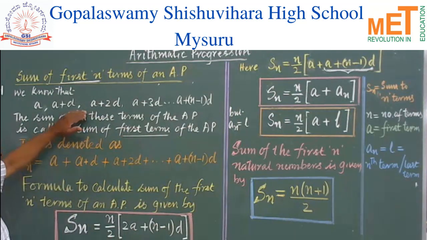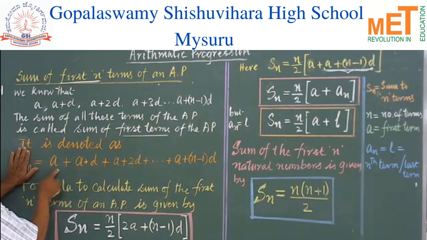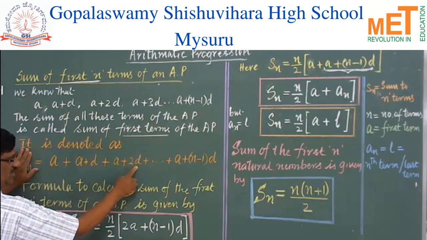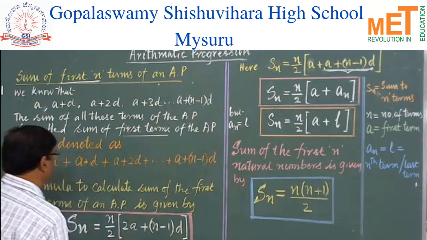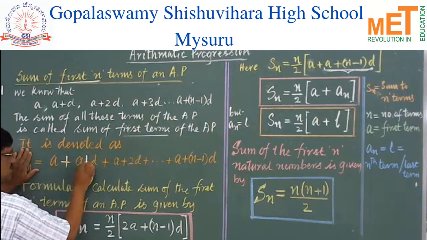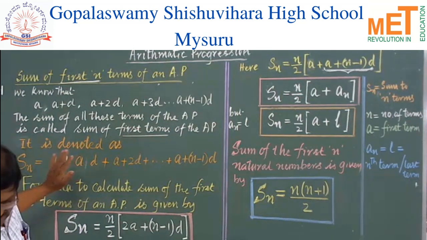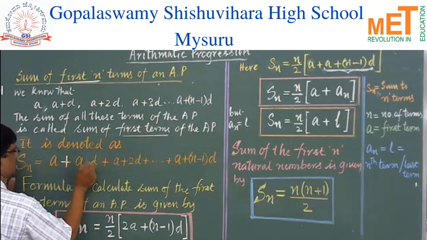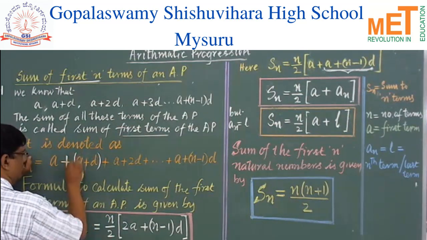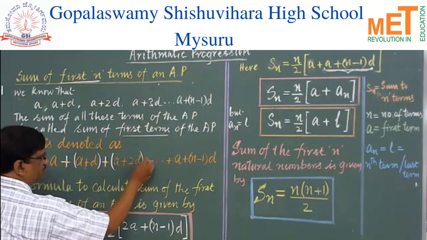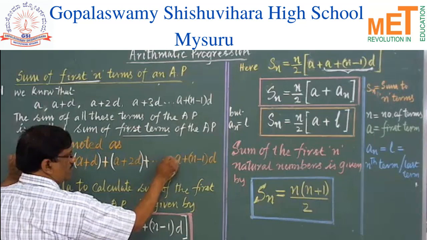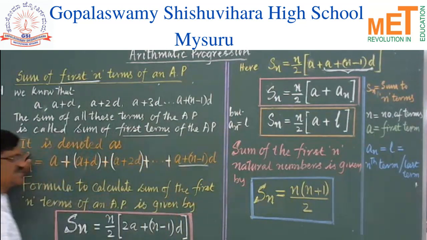So how do we write the sum of these terms? The sum can be written as a plus a plus d plus a plus 2d plus etc., plus a plus n minus 1 into d. That means you have to write plus in between the terms. This is the first term, second term, this is the third term, plus etc., plus the last term, that is the nth term.